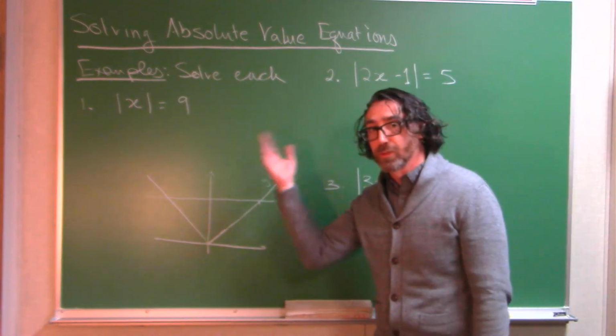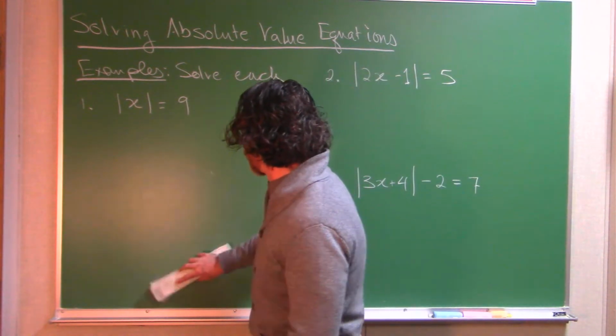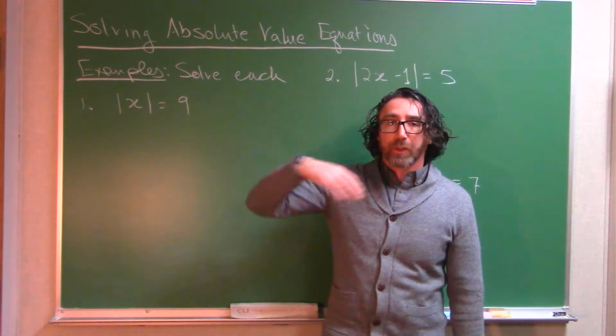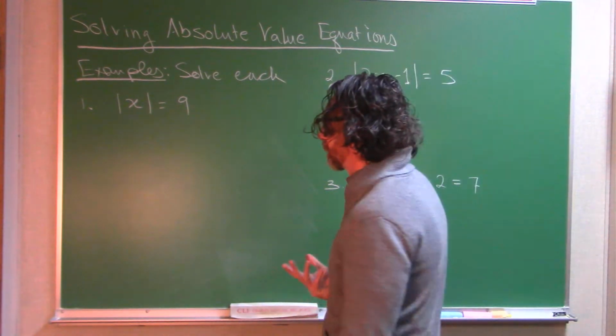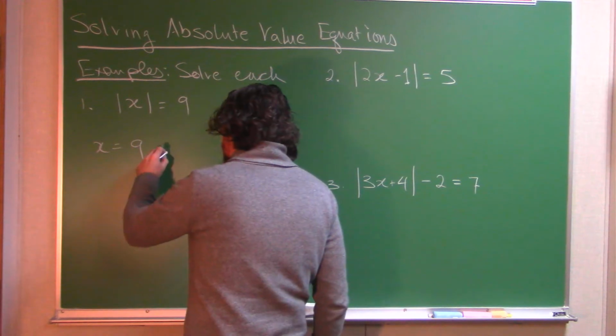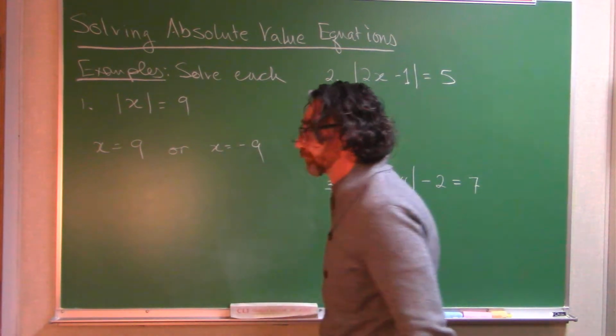So we should expect two solutions. Okay, now of course this first one I have right here is a very easy one. It's basically saying, okay, we took an unknown number x, we found its absolute value, we ended up with 9. So the two possibilities are x equals 9 or x equals negative 9.